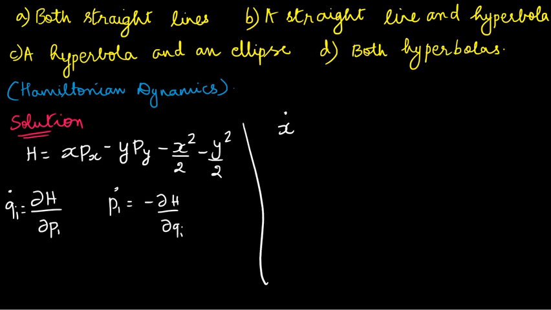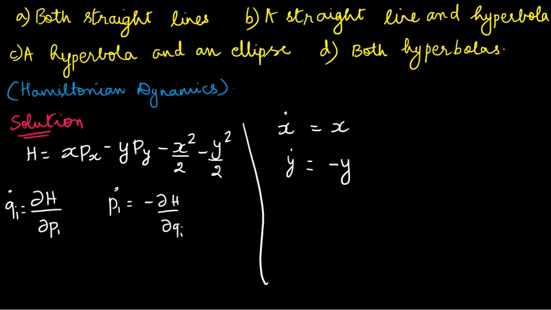So x dot is dou H by dou px, right? So dou H by dou px will give me x. Similarly, y dot will give me minus y, right?